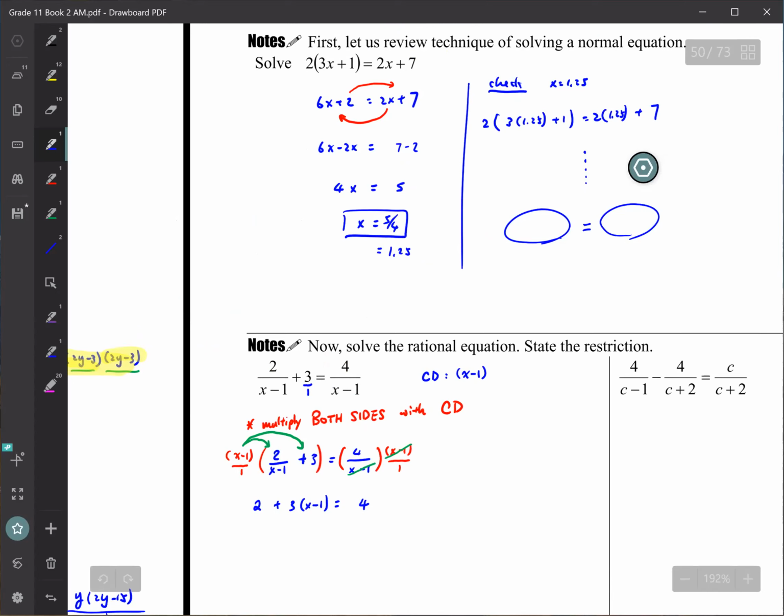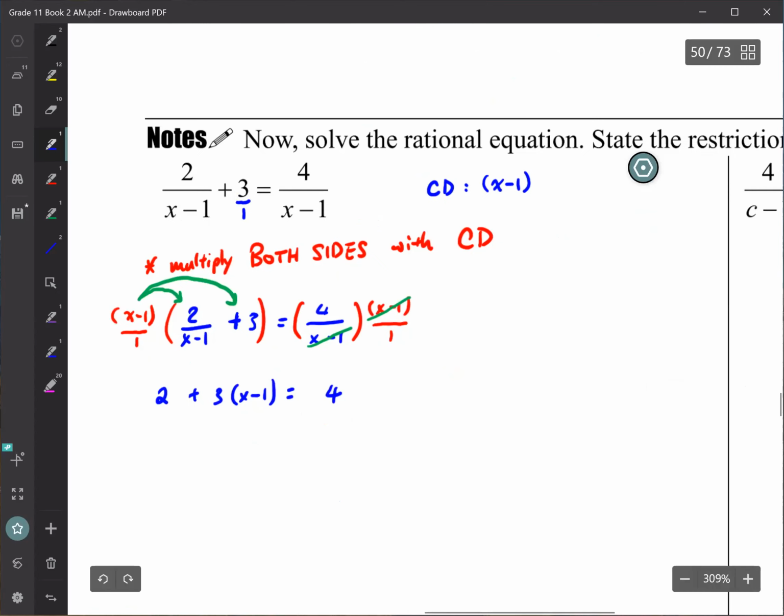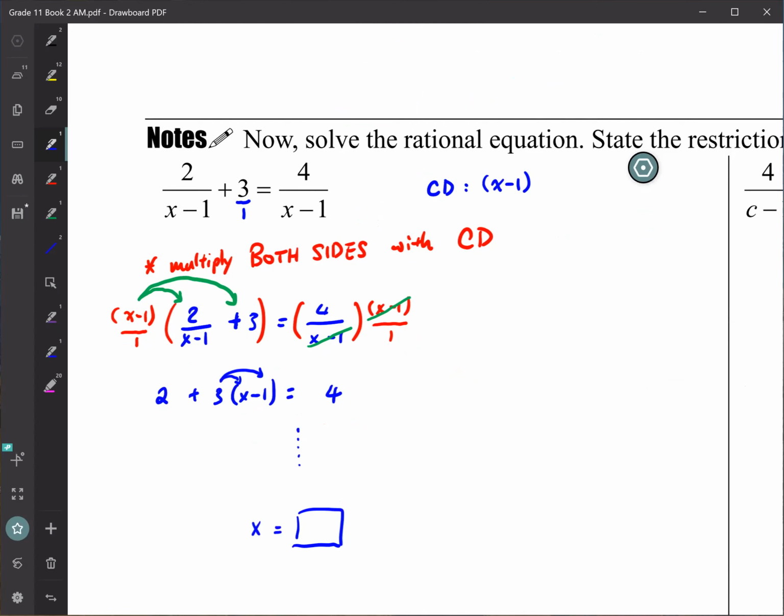Okay, so after that, you just do the regular solving, right? Expand, combine like terms, and then continue to solve. Okay, so I'll let you take over from here and raise your hand when you reach the final answer. Let me know if there's any step that you're not clear on, like how the denominator disappears.